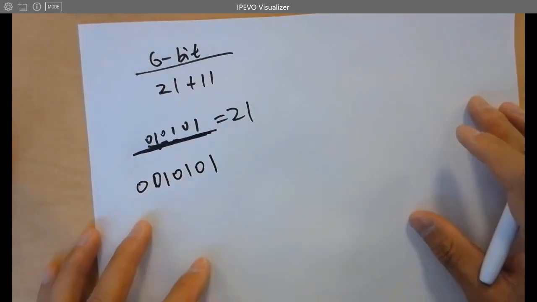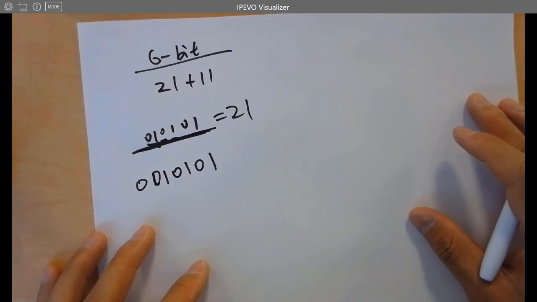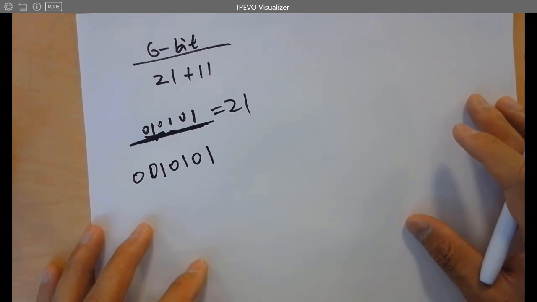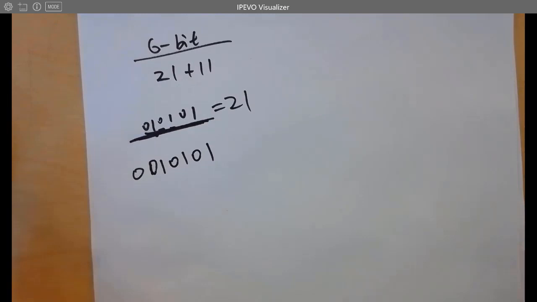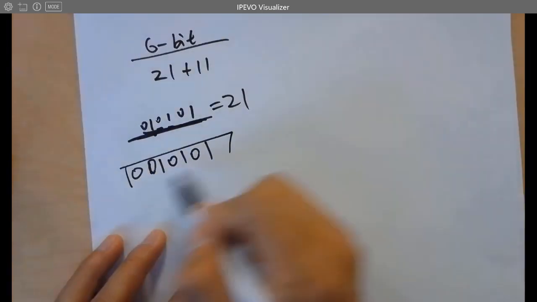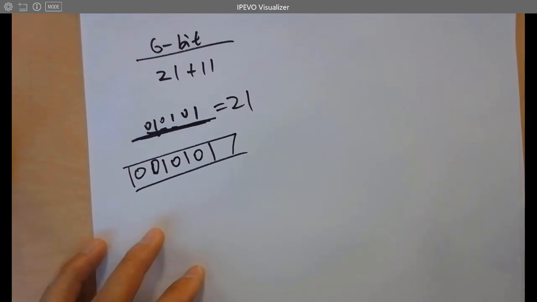What is this number in 2's complement? It's still 21, but it's not in the 6-bit computer system. It's a 7-bit number. It's in the 7-bit computer system, okay? So that's one memory bank that has 7 bits in there.